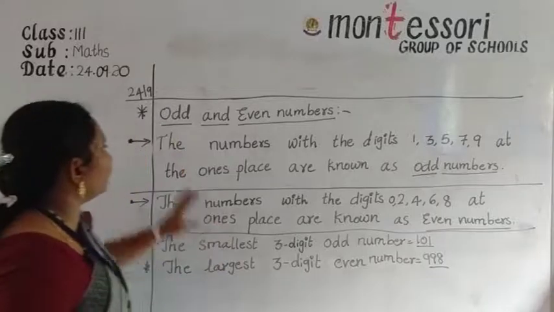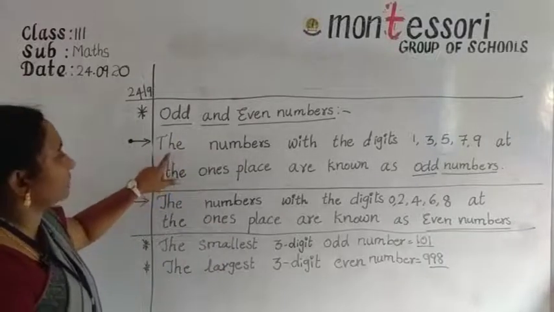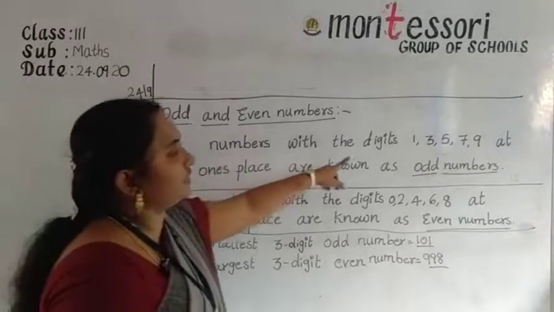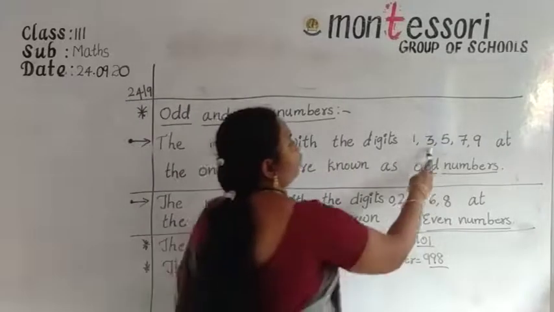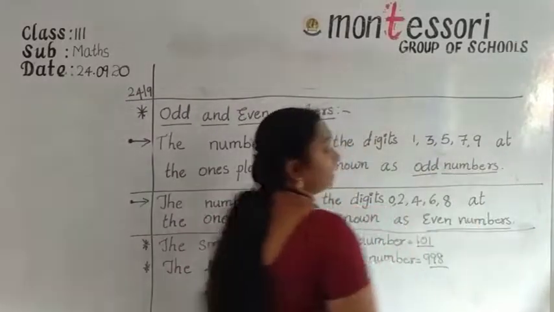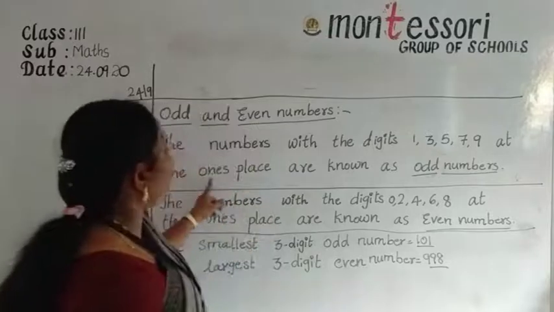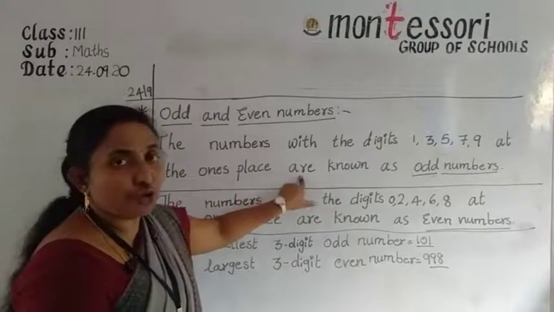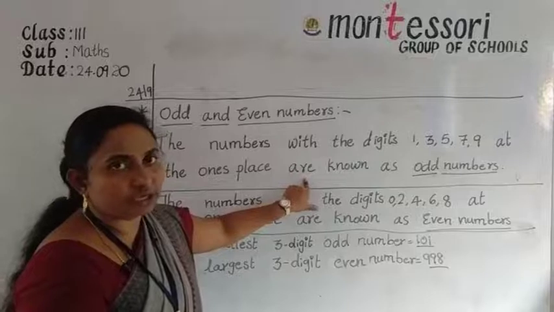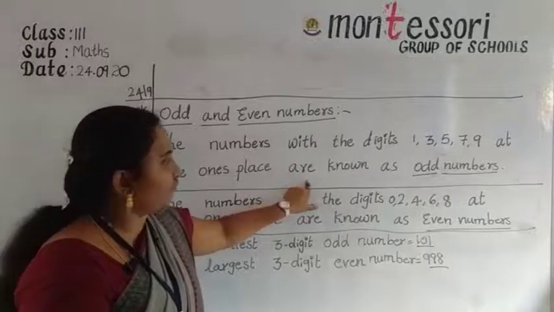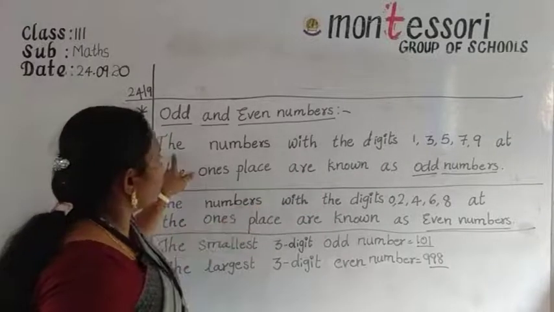Now what is the definition of odd numbers? The numbers with the digits 1, 3, 5, 7, 9 at the ones place are known as odd numbers. Understood? First note down the definition.